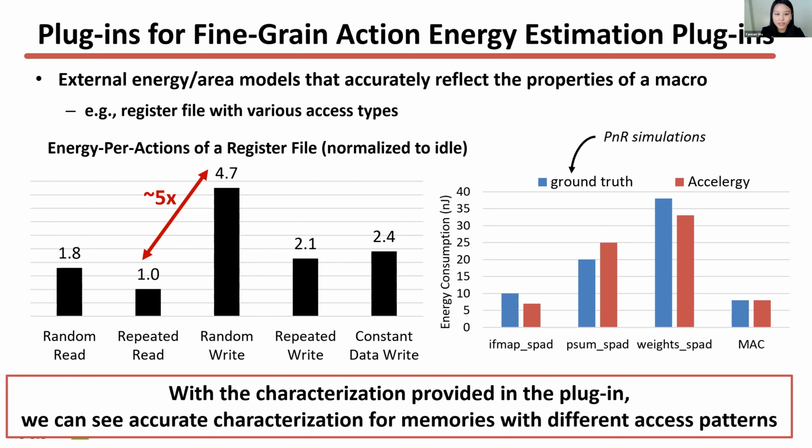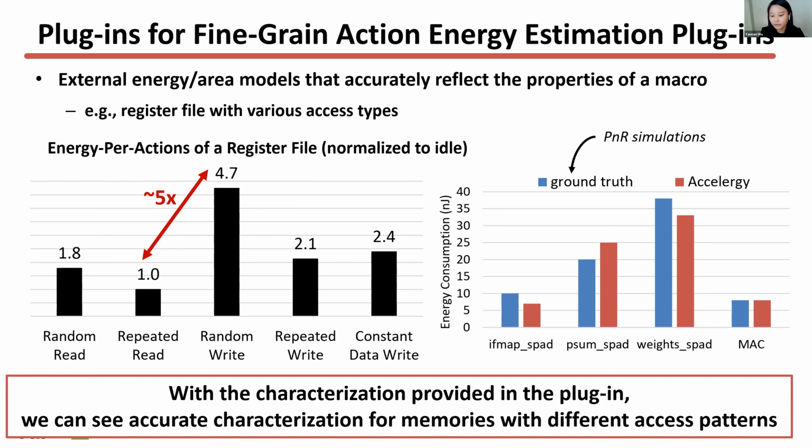So instead of only classifying the action of a memory component as an access, we can actually have a better characterization of all these actions using a fine-grained action classification. And on the right, we're showing how Accelergy is doing for capturing the energy consumption of various local memories inside the PE as well as the Mac.